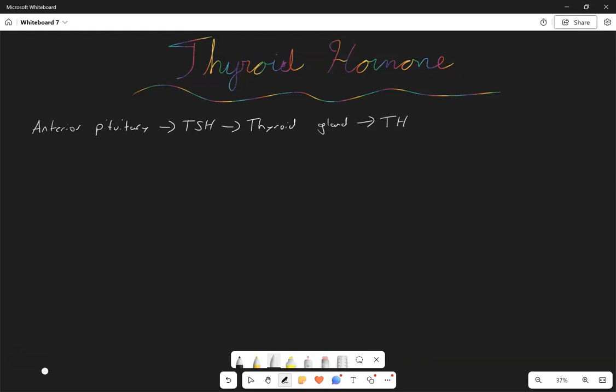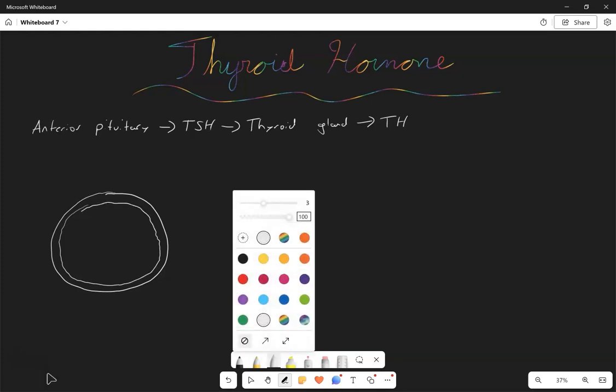Now, if you recall from a little bit of anatomy, you'll remember that the thyroid gland is made up of these follicles, right? And that follicle is lined by an epithelium. And then inside of here, you have this colloid material.